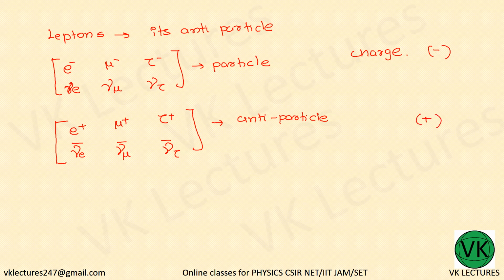For leptons, you can identify a particle by the minus sign, and an antiparticle by the plus sign or the bar symbol on the particle. So all bars are antiparticles.